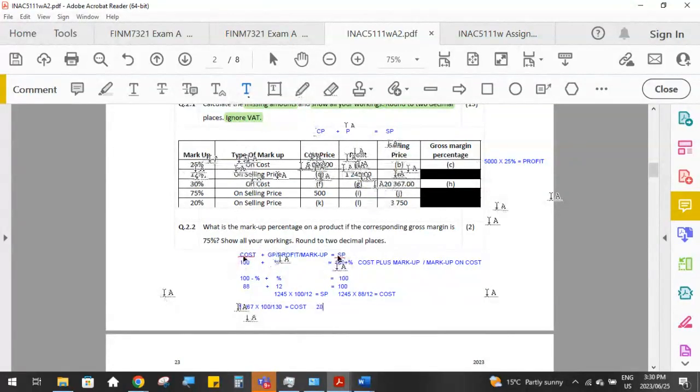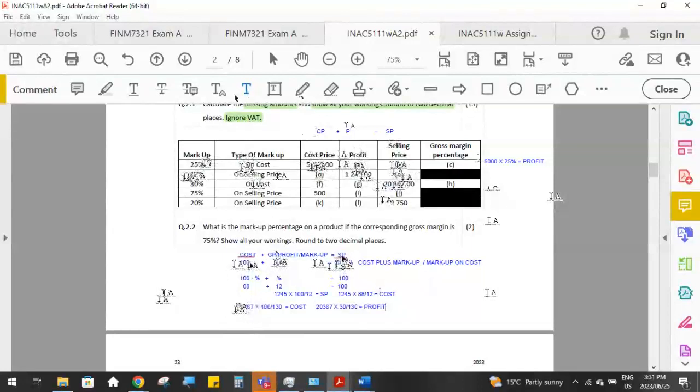And 20367 times 30 over 130 will equal the profit. Okay. So here we had 100 cost, we had 30 as the markup, 100 plus 30 equals 130 as the selling price.